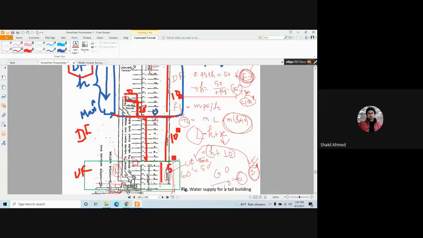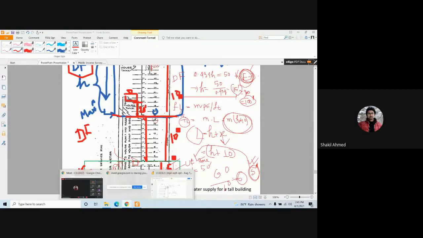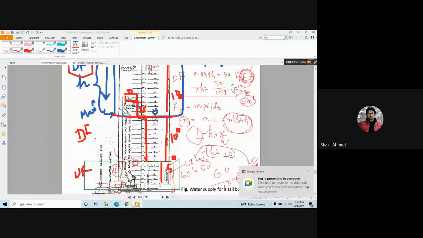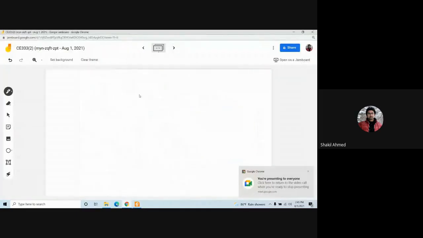From here. Okay. If you look at the formula of the frictional head loss, HF, head loss due to friction equals f times L by D times V squared by 2g, right?